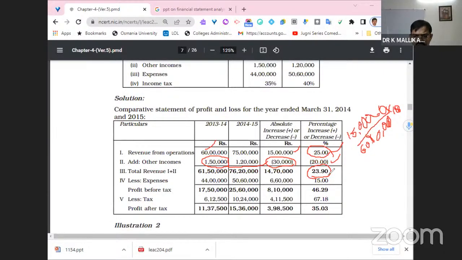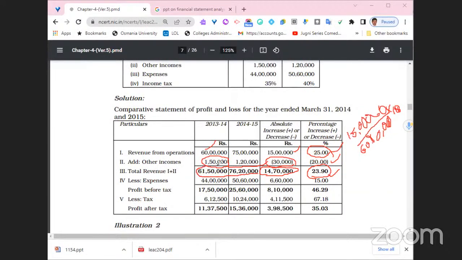How do we calculate it? 14,70,000 divided by 61,50,000, into 100.